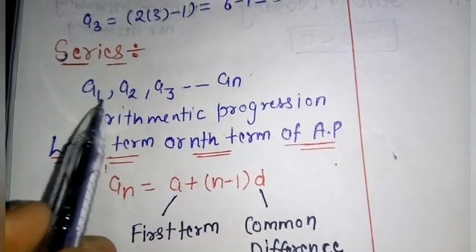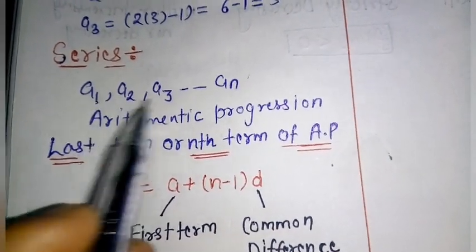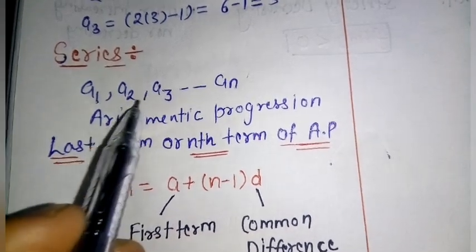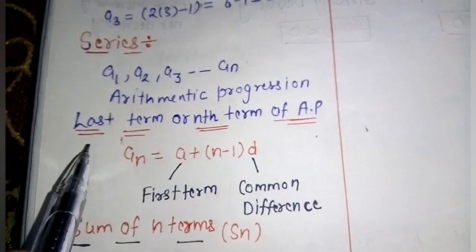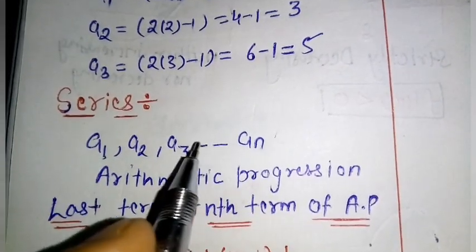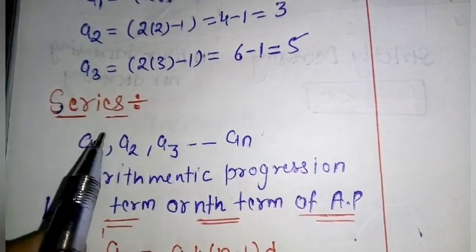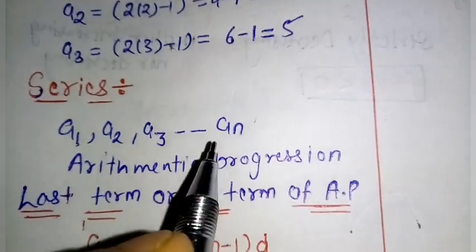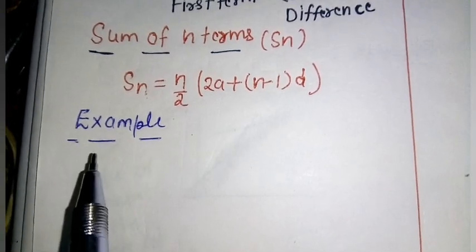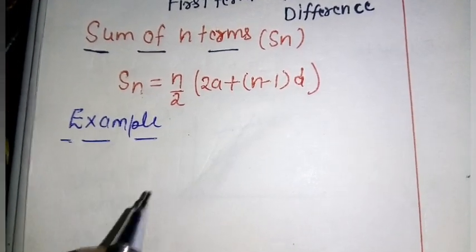When the common difference between these series are equal, then it is called arithmetic progression. This is called series. When we add all these numbers, then it is called sum of series, not a series. To understand this, we can take example.